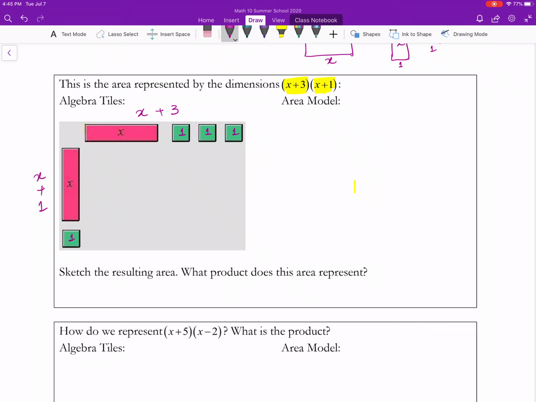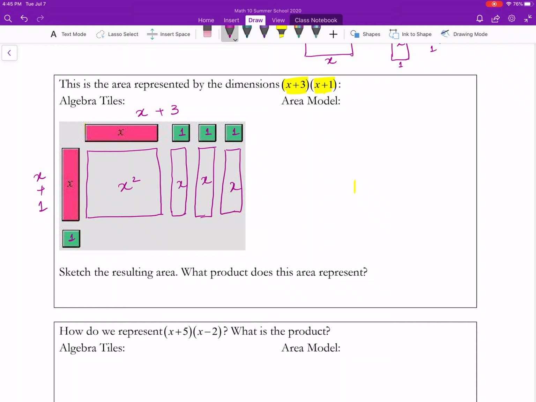Now if we multiply these two, x times x gives us x squared, which is a square tile. Then x times 1 is x, which is a rectangle tile. x times 1 is x again, a rectangle tile, and then again a rectangle tile.